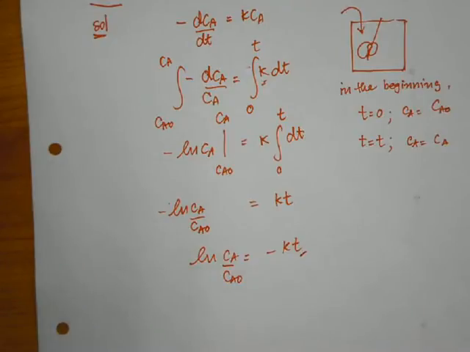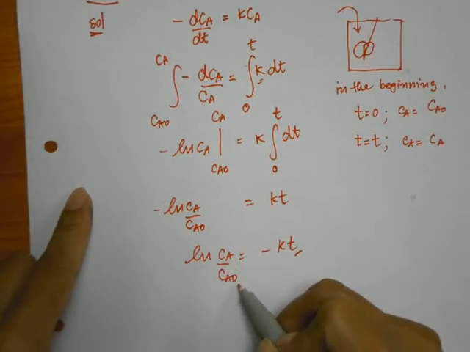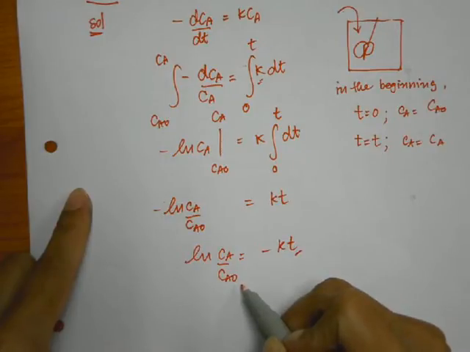CA is whatever remains in the reactor. But they're saying that A decompose, 65% decompose. So how much of A remains in the reactor? 35%. So that means you know the fraction of CA over CA0 equal to 0.35, right? 35%.